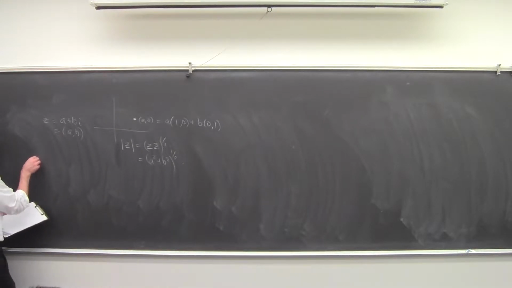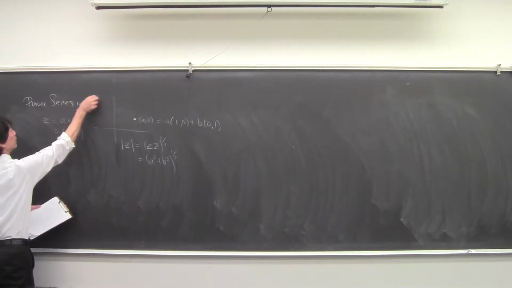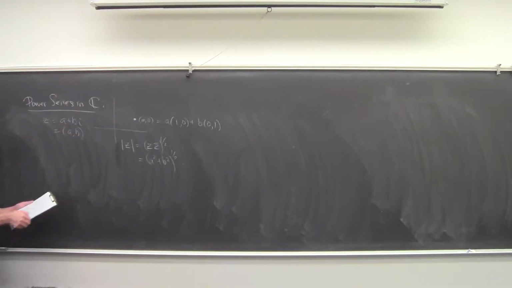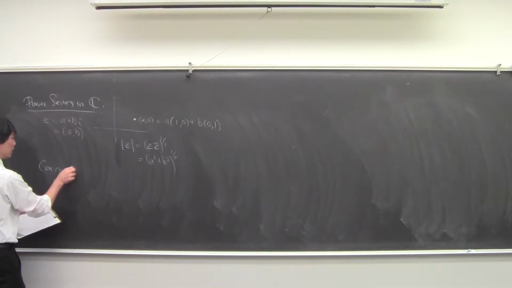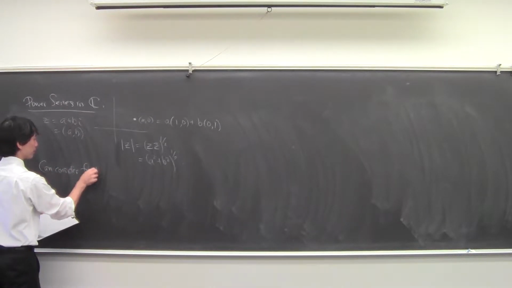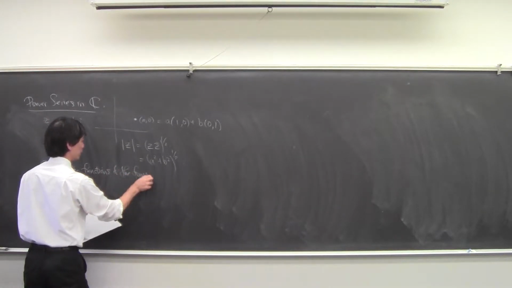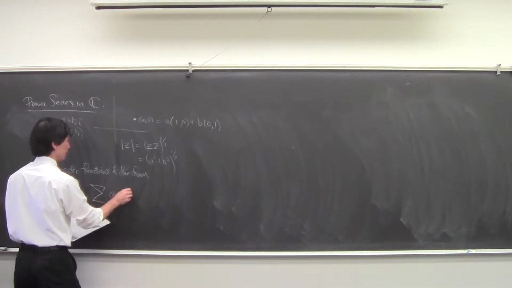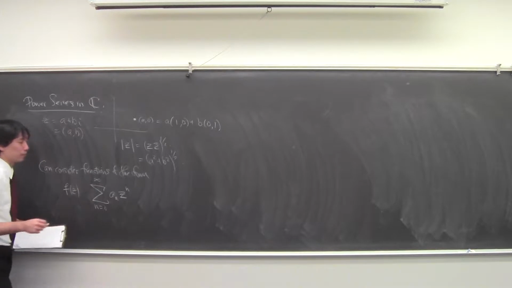power series of complex numbers. So you can consider functions of the form summation a sub n z to the n, from n equals 0 to infinity.